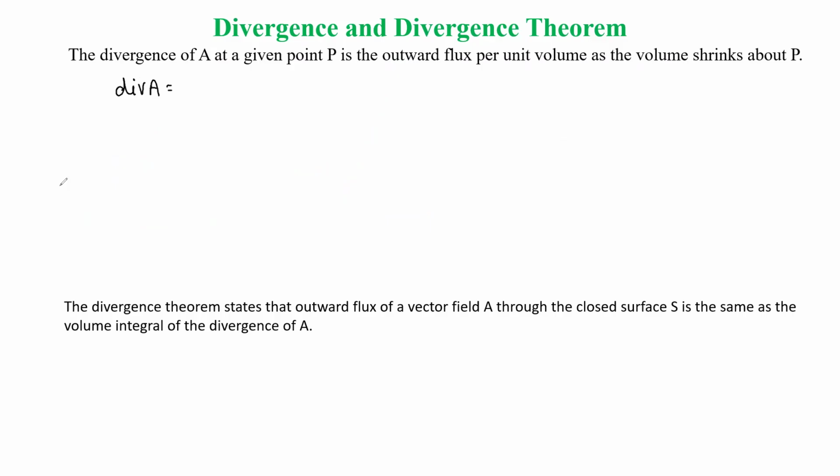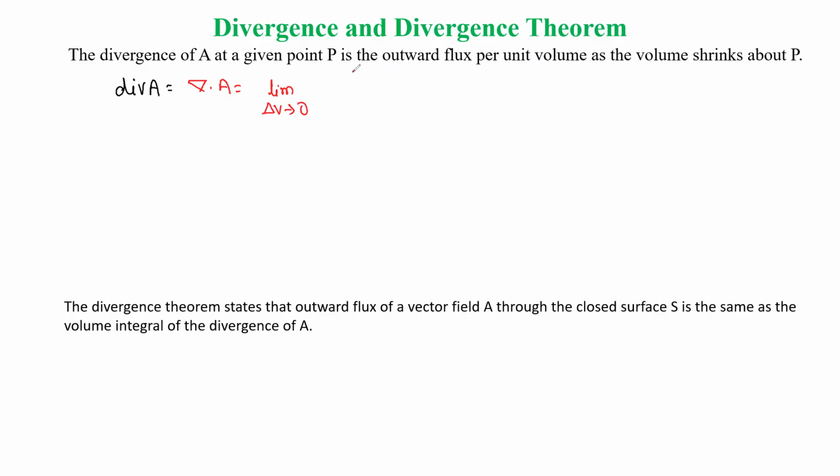This divergence is represented like this. We can also write del dot A, and the condition is that the volume tends to 0.